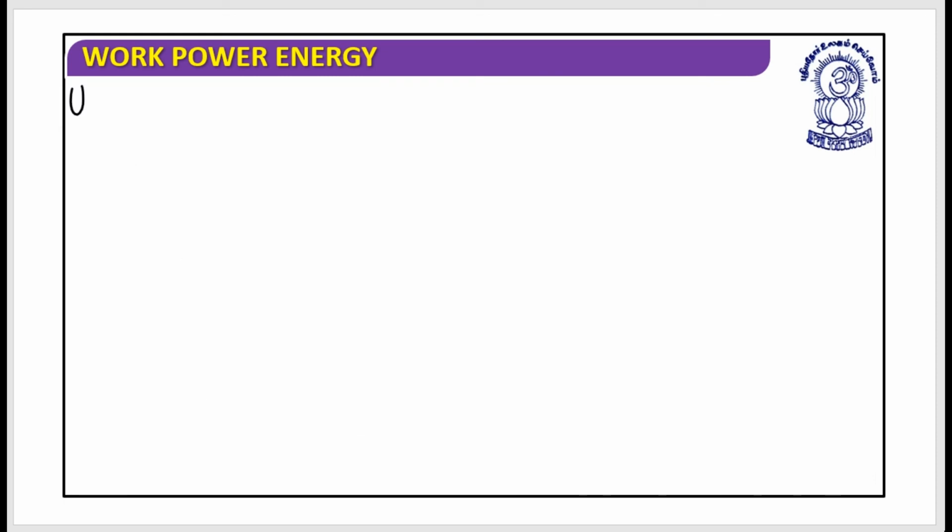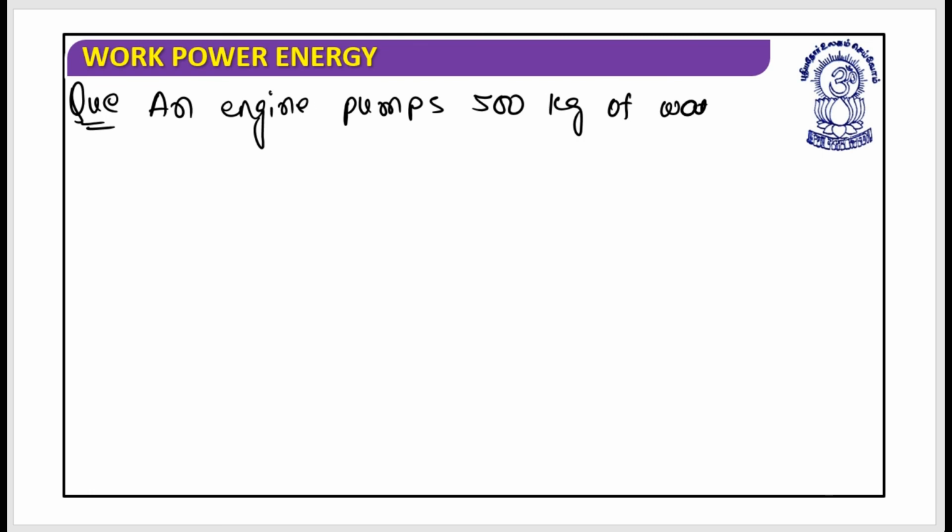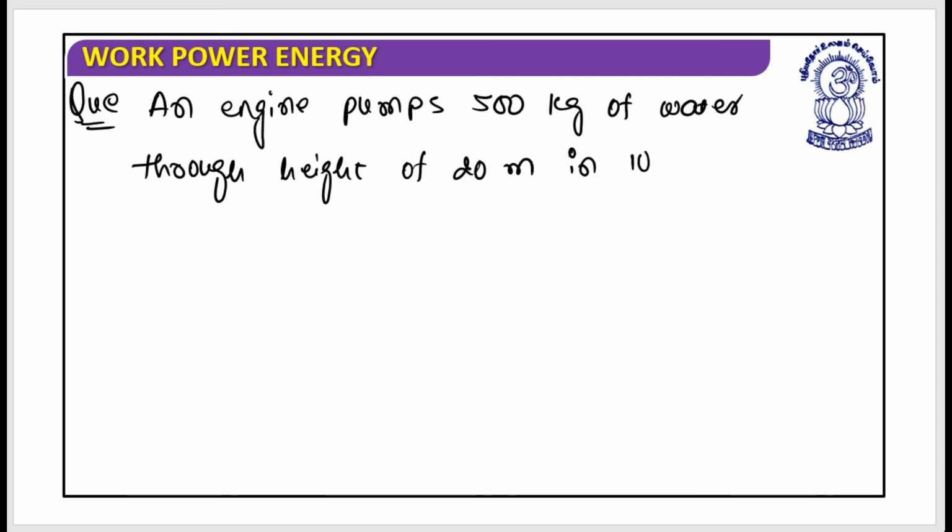So let's look at the question based on efficiency. It says that an engine pumps 500 kg of water through a height of 20 meter in 10 seconds.